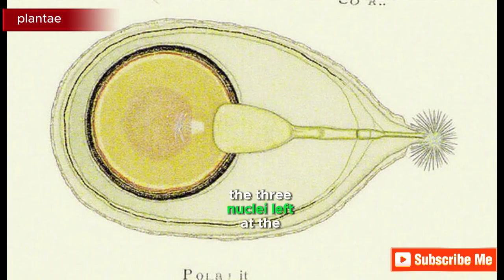The 3 nuclei left at the micropylar end constitute the egg apparatus. One of them, which is away from the micropyle, is the ovum or oosphere, while the other 2 are the synergids or help cells. The help cells are considered to help in the process of fertilization.